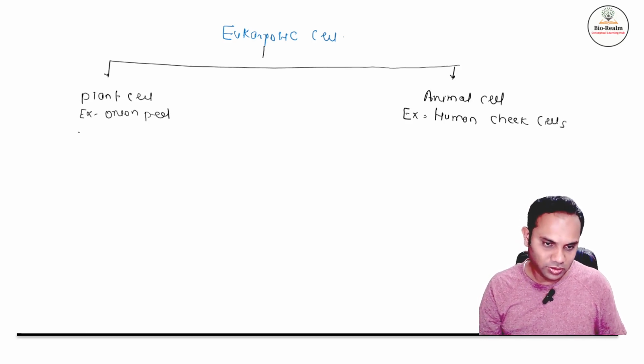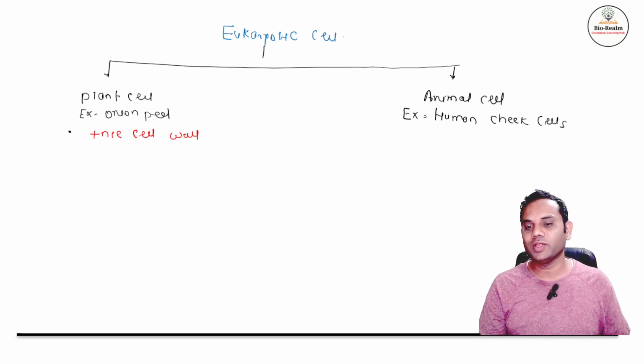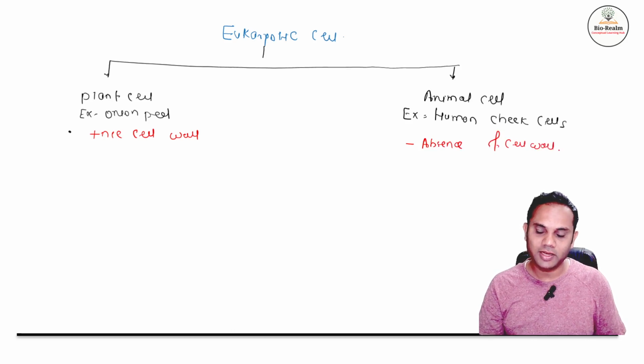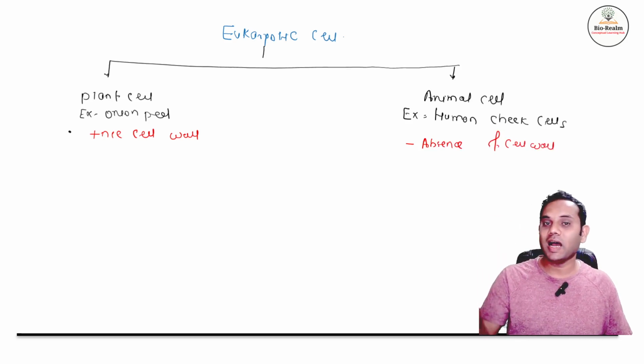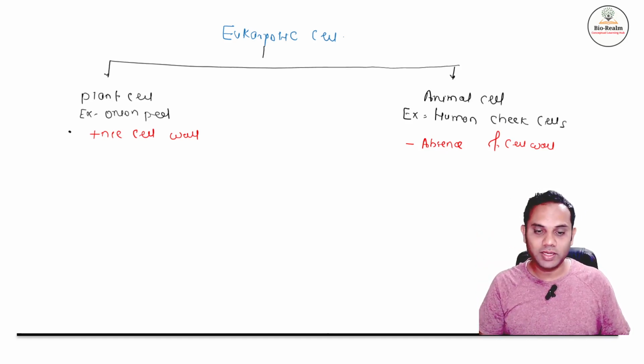In case of a plant cell, there is a presence of cell wall. In a plant cell, the cell wall is present, whereas in an animal cell there is an absence of cell wall. Means in an animal cell, the cell membrane itself is the outermost layer, but in a plant cell, the outermost layer is your cell wall.